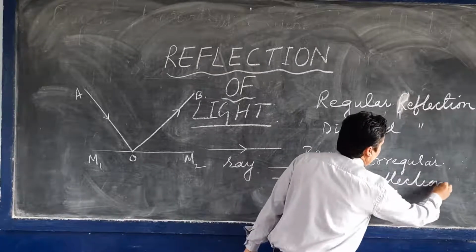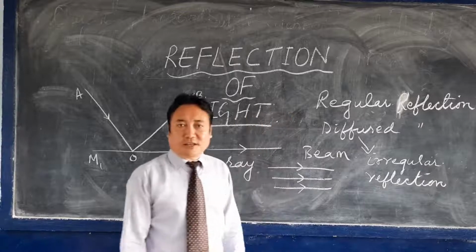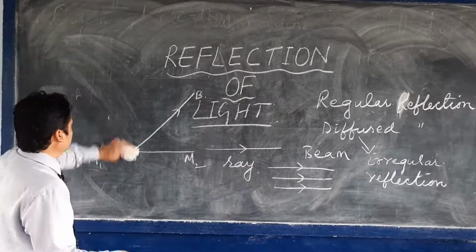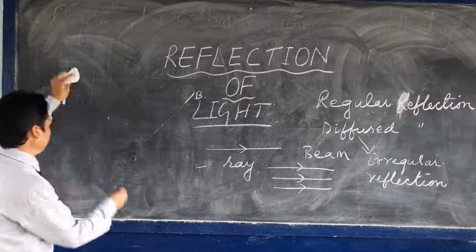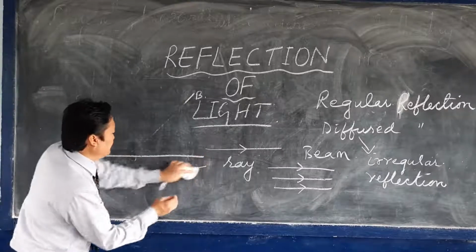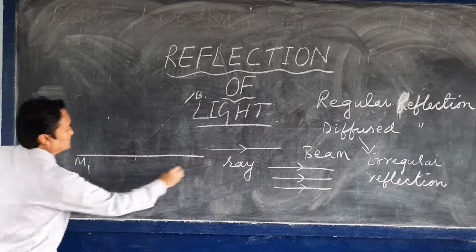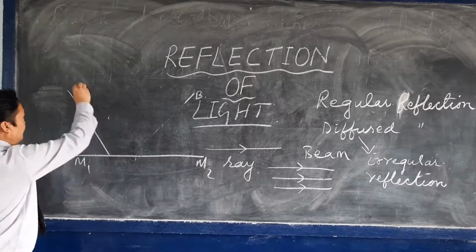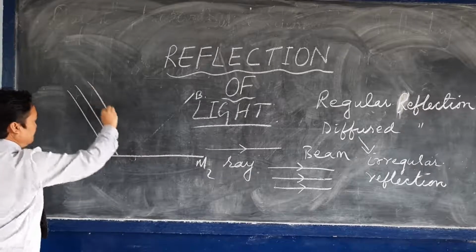Okay. Now, what is regular reflection? Regular reflection is when a parallel beam of light falls on a reflecting surface, suppose this is the reflecting surface, M1, M2, and a parallel beam of light. I have drawn a number of rays here.